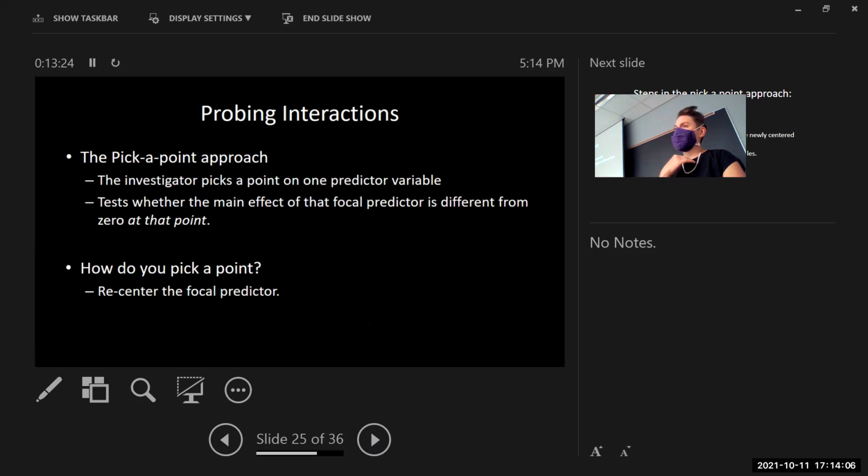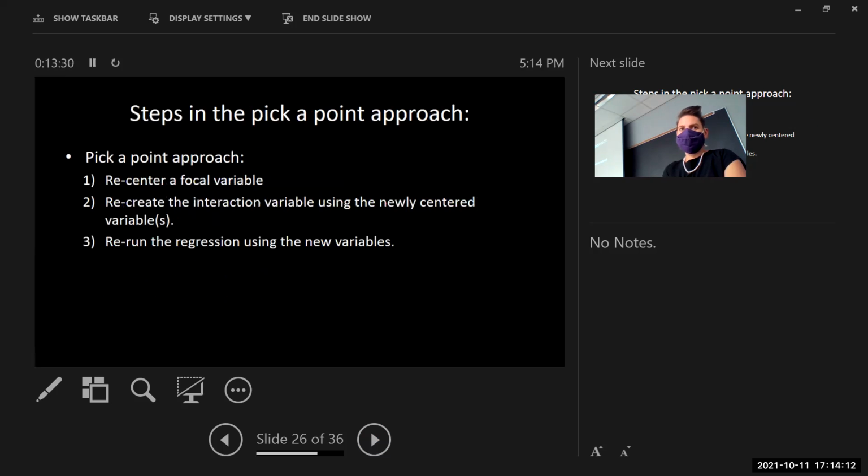In order to get those statistical significance tests, we will recenter your predictors. Do you remember centering? It was from a while ago, like class 2 or 3. Recentering your focal variables, then you recreate the interaction variable, and then you rerun the model.